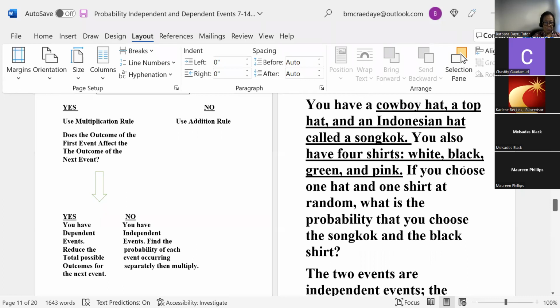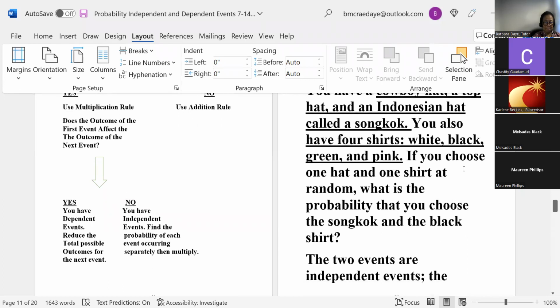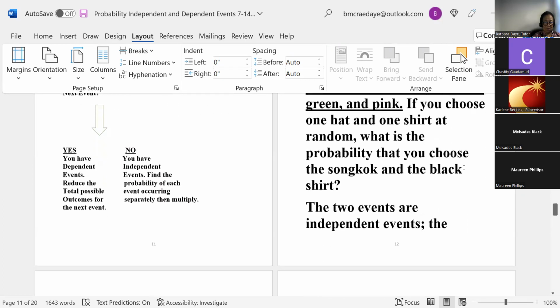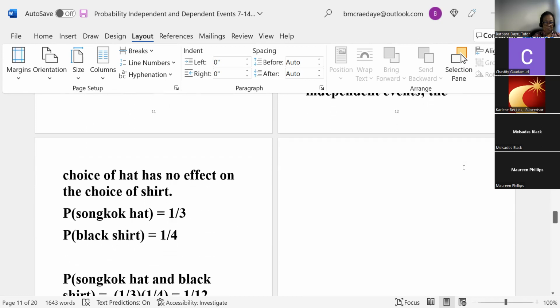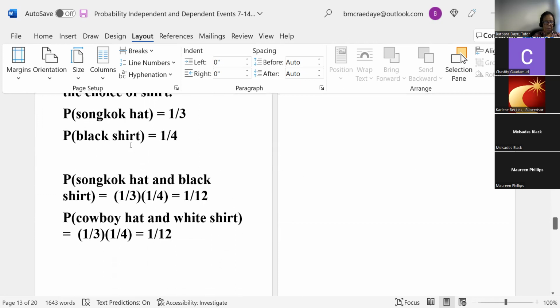So 1 is 1 to 4. What's the probability of a cowboy hat and a white shirt? What would this be? Is that 1 to 4?